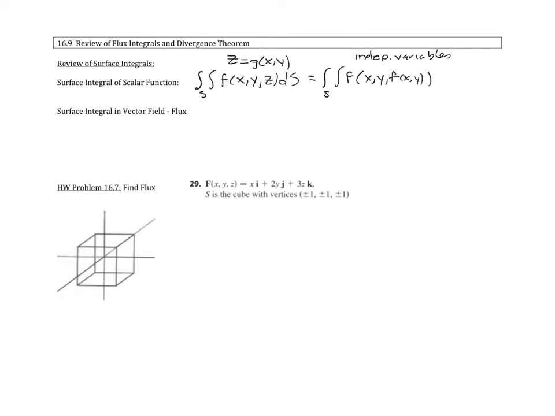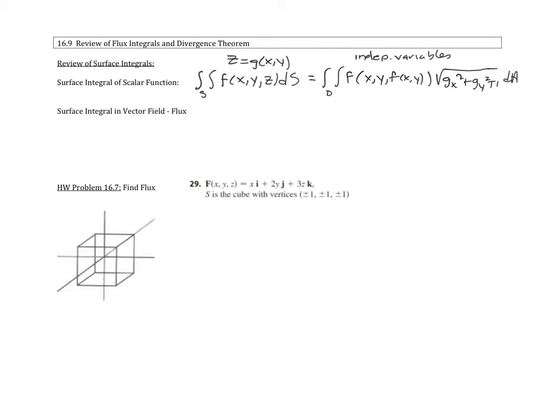And for dS, we put in the square root of g_x squared plus g_y squared plus 1 dA over D. This is not a surface integral anymore. This is D, where D is the projection in the independent variables plane, so in this case, in the xy plane. So that's what we did way back. That was 16.7 part 1.